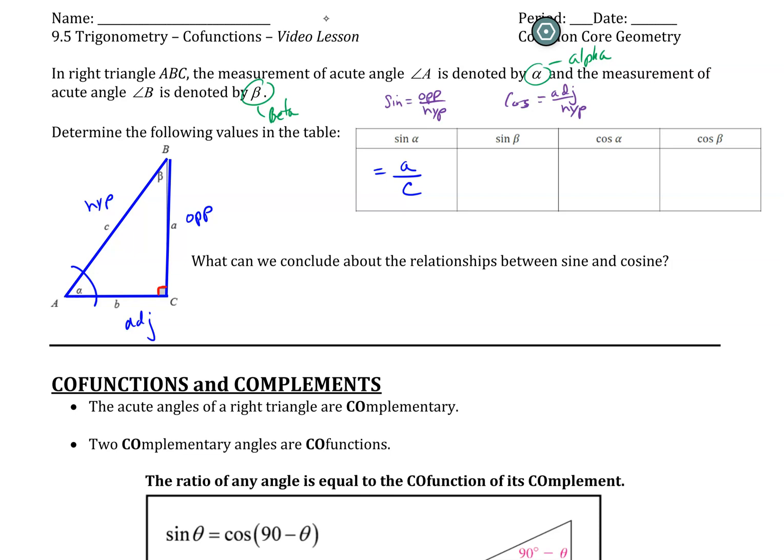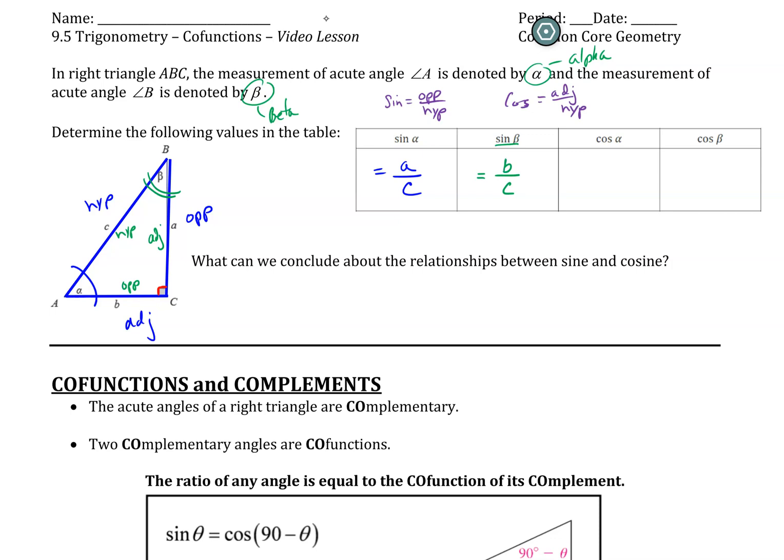And with respect to sine of beta, which is this angle here, this would be opposite, this would still be hypotenuse, and this would then be the adjacent side. So with respect to beta, sine would equal opposite over hypotenuse, so b over c.